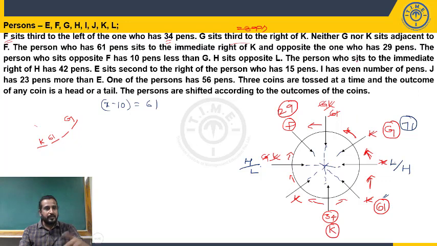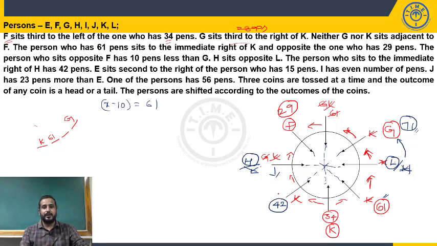The person who sits to the immediate right of H has 42. If I take H here, the immediate right will be G, but G has 71. As per the information, the person who sits immediate right of H must have only 42. So I can confirm that it is not H. So this will be L, and L sits opposite H. So here will be H, and the immediate right of H is 42.